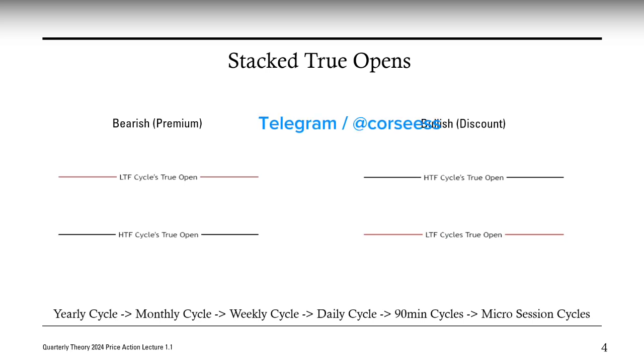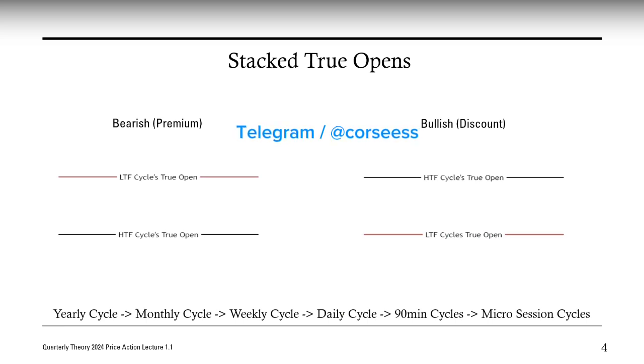Let me repeat that again. In bearish markets, when price is above a lower time frame cycle's true open, which is already above a higher time frame cycle's true open, that's when you should look to go short. Right? If you're just looking at one true open, you're doing it wrong.